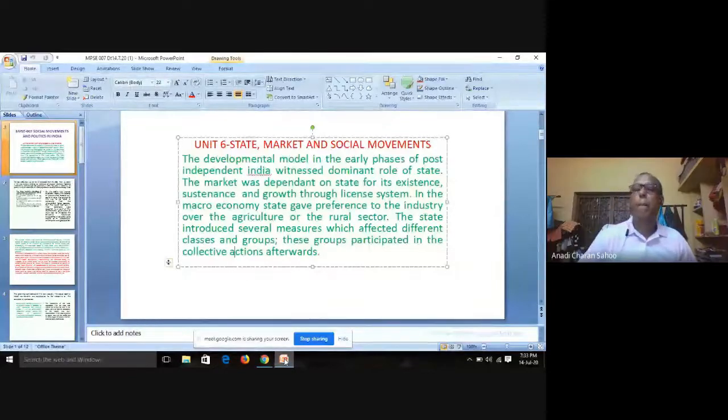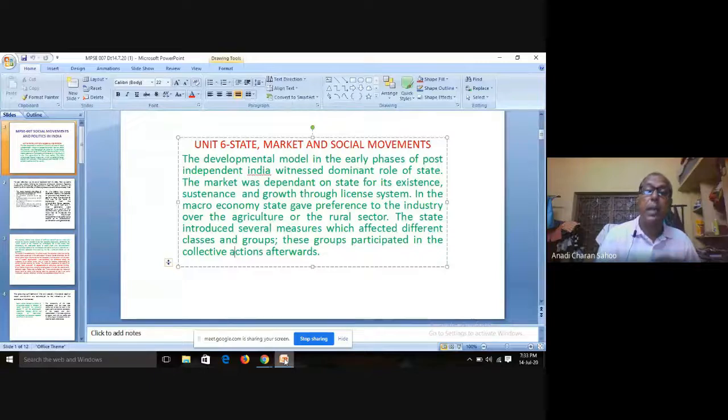Sir, the process of development is fundamentally necessary for a state. Development is fundamentally necessary for a state. The developmental model in the early phases of post-independent India, two phases.